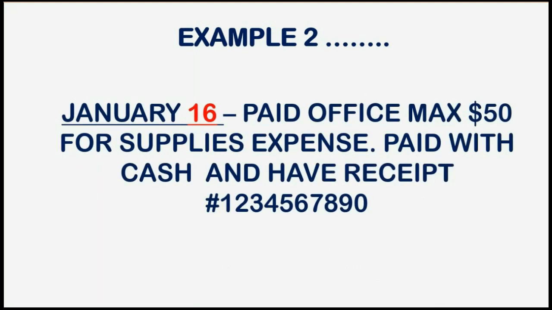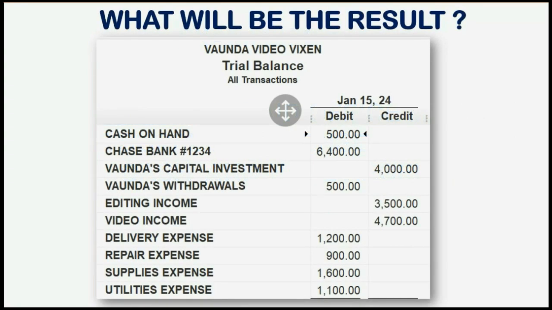Now let's do an example where we're actually paying cash from the fund. Let's imagine on January 16th, we paid Office Max $50 for supplies, and we paid with the cash from the lockbox and got this receipt number. So what will be the result in the trial balance after we record this transaction?